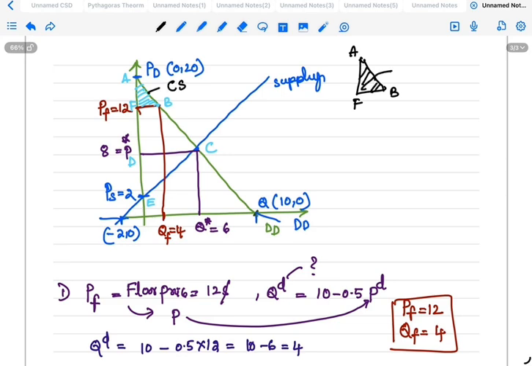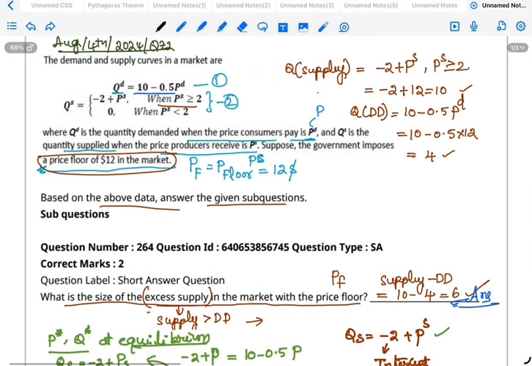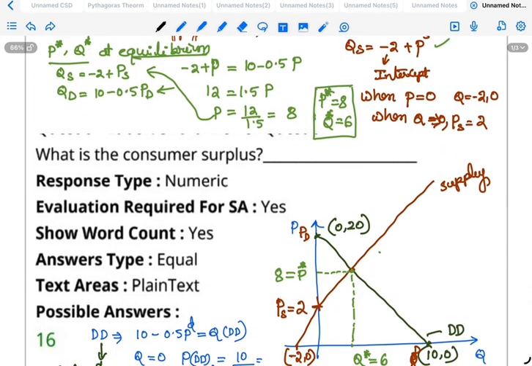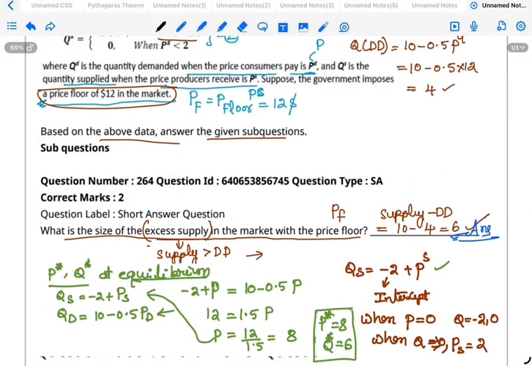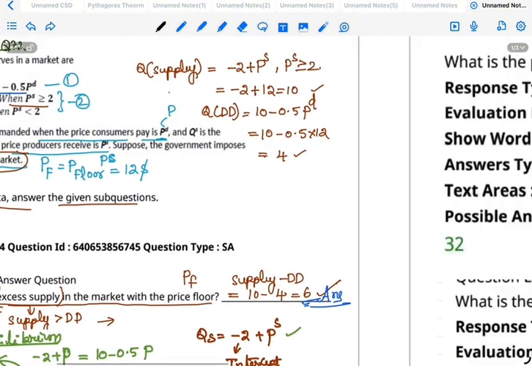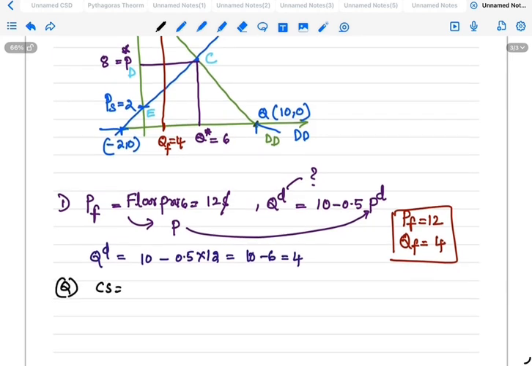This triangle A, B and F is the consumer surplus, CS. So how do we find this area value? The first question is to find the consumer surplus, and the answer is 16. CS equals half times base times height.